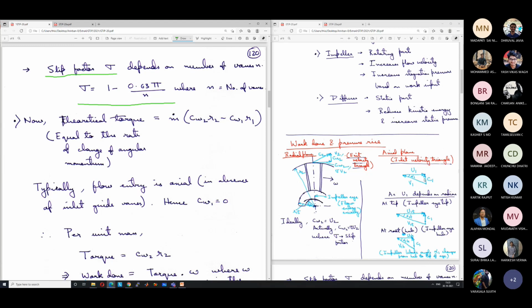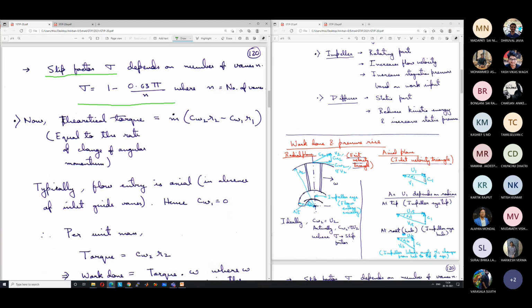When will Cw1 not be equal to 0? When the flow is not along the axis. Say there are some inlet guide vanes. In many cases there are inlet guide vanes before the impeller eye.